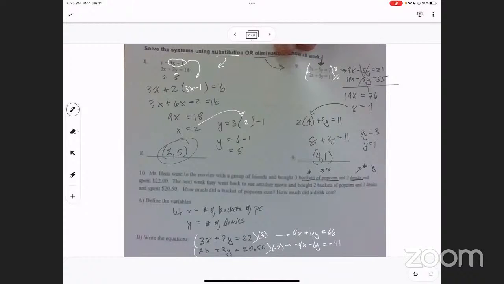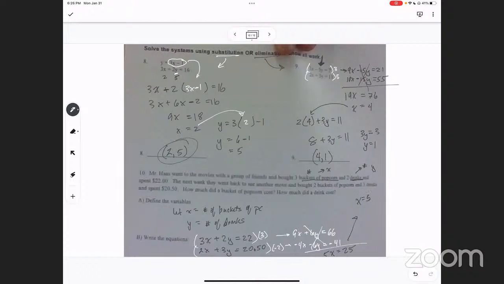Good. And when I add them down, what do I get? Let me write it down. 5x equals 25. 5x equals 25, which means x equals what?